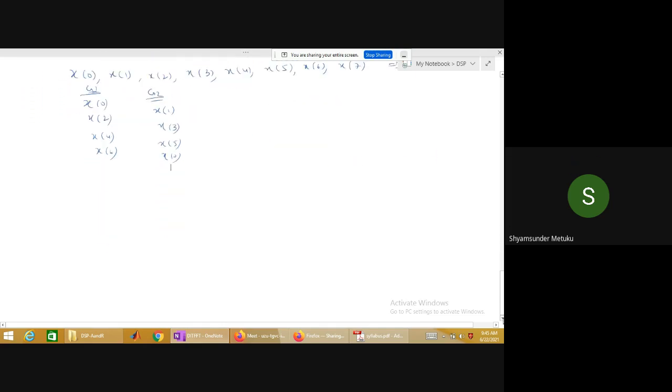To start with this derivation for decimation in time, I'll give you a normal DFT, which is given by the sum from n equal to 0 to N minus 1 of x of n, W base N to the power nk. This is a normal DFT, isn't it? Now I'm trying to split my summation. If you expand, total 8 terms, you will get, isn't it?